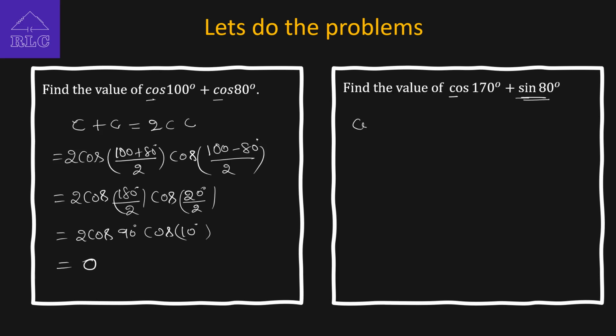So cos 170 degrees plus sin 80 degrees, which can be written as cos of (90 degrees minus 80 degrees). So sine has been converted to cos here. This equals cos 170 degrees plus cos 10 degrees.